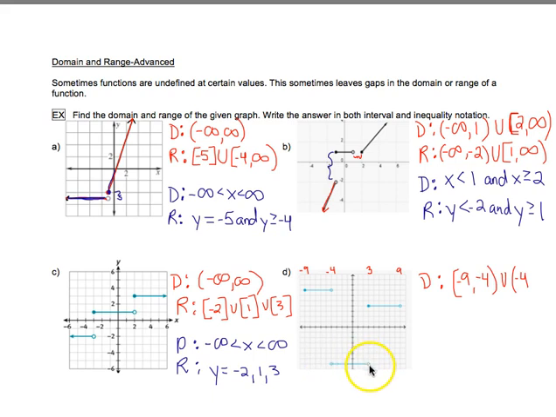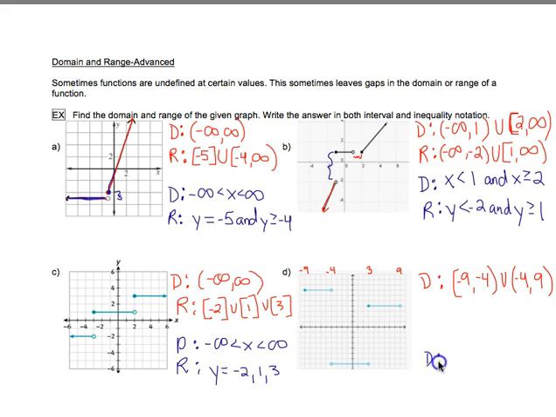And then we go to 3. 3 is included because it's closed here, all the way up until the only time we actually stop then is +9, and it's an open circle, so parenthesis there. So that's our domain.